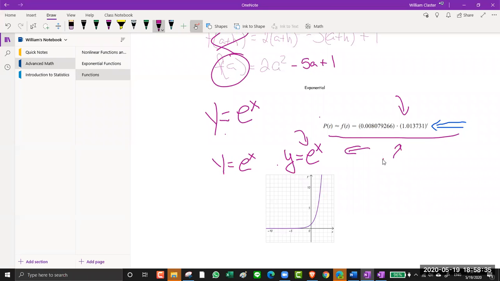Because e is a constant and you have a constant in the function. Yeah, okay. I want somebody to say it a little bit differently. Try again. What do these two have in common?